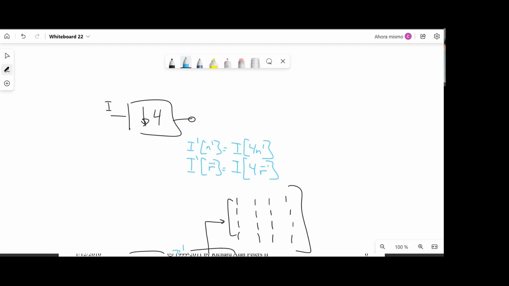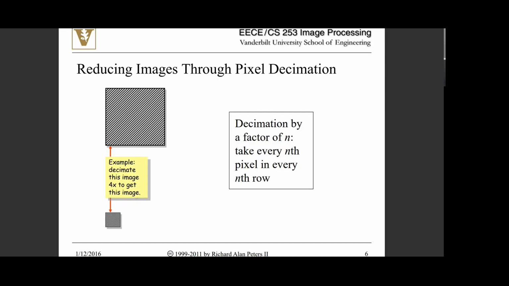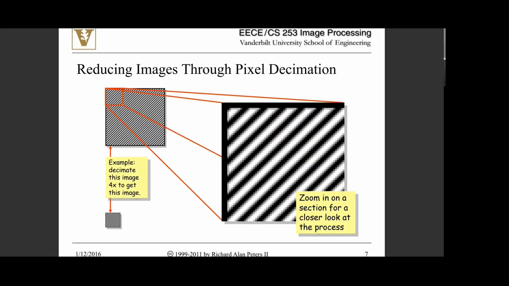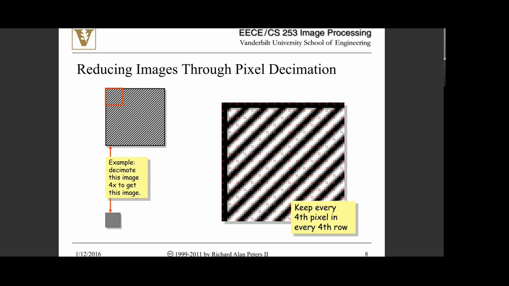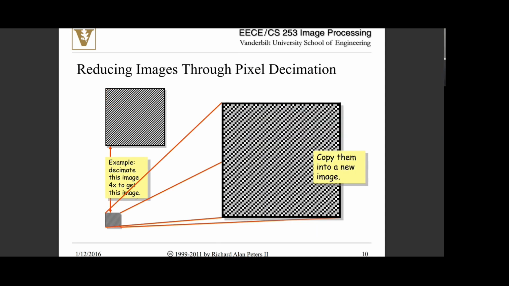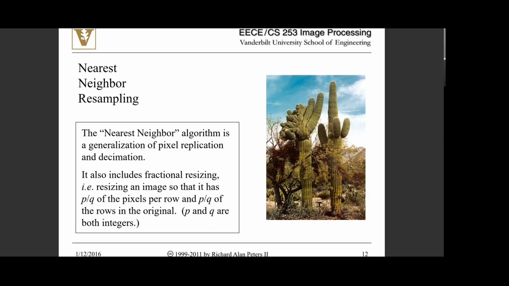So this is the decimation. This is very simple. You simply have to take 1 every 4 pixels and simply copy whatever is there. And then you produce a new image.